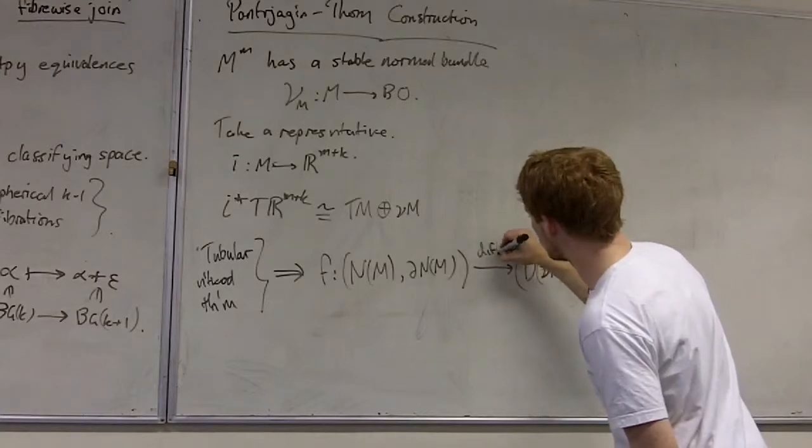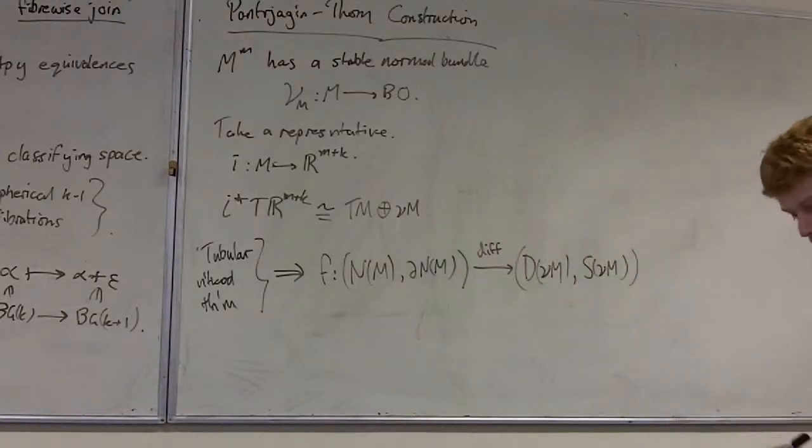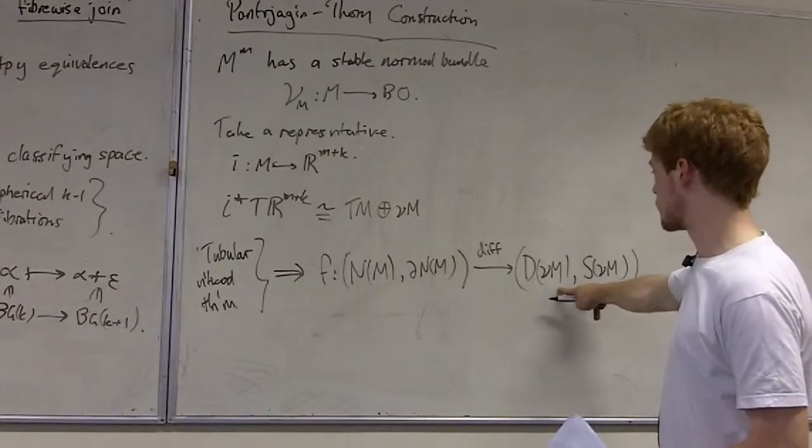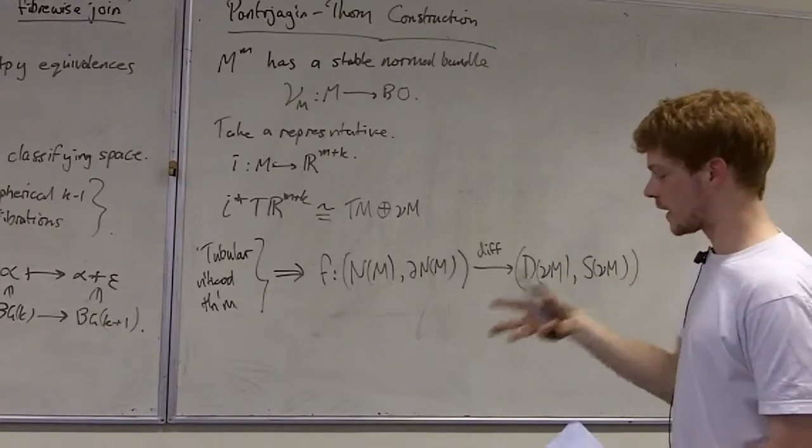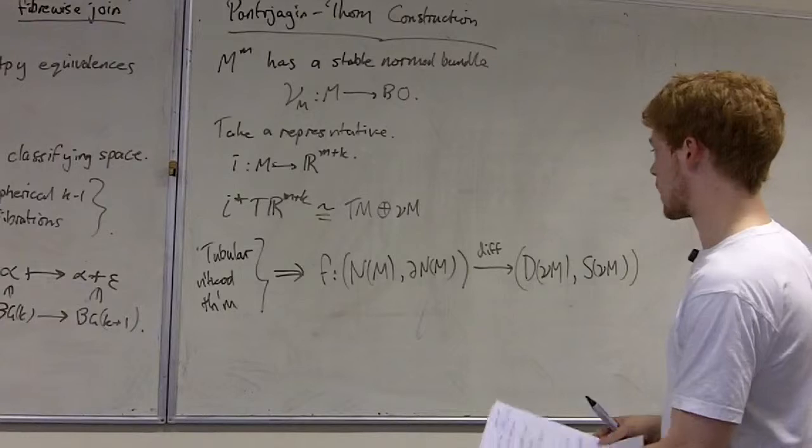So this is a diffeomorphism. The point is this sort of thing exists abstractly, but I'm trying to physically embed it somewhere so that I can get my hands on it.